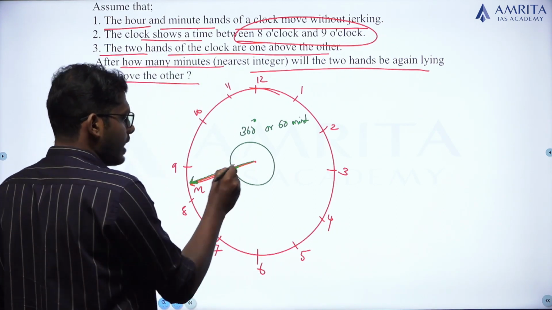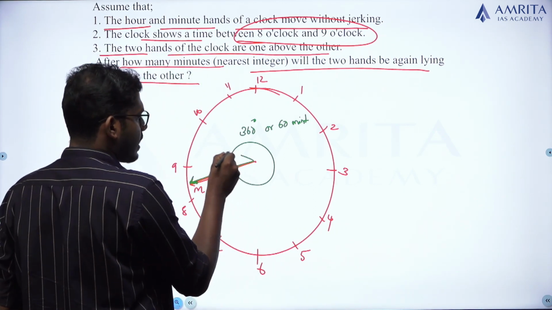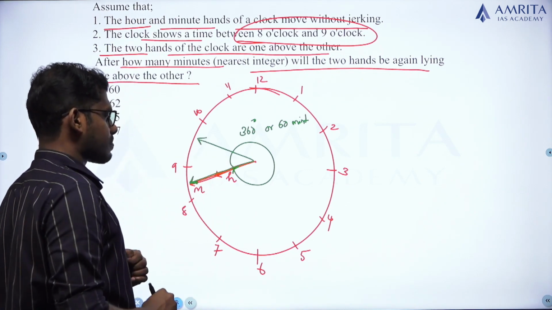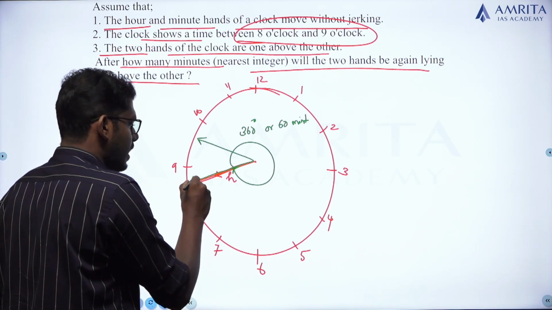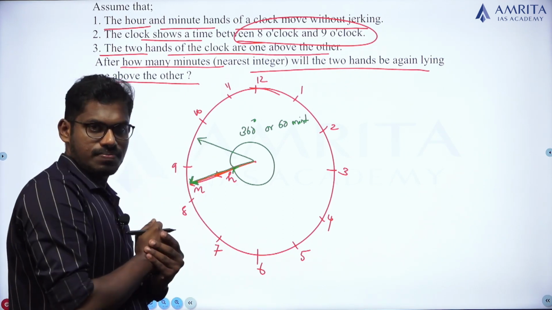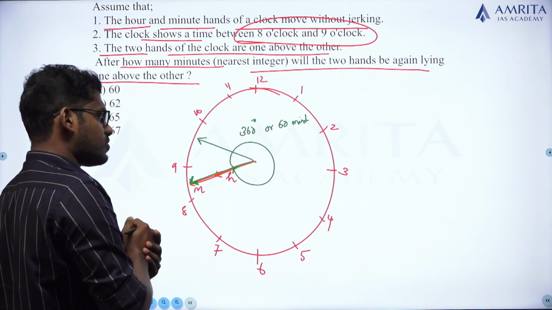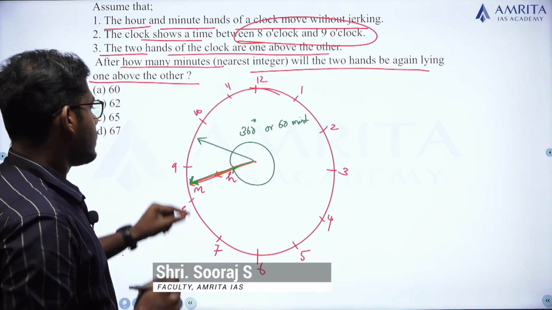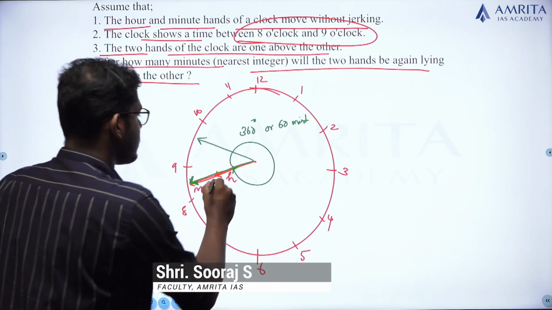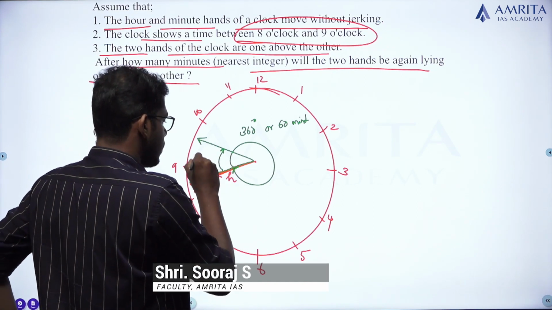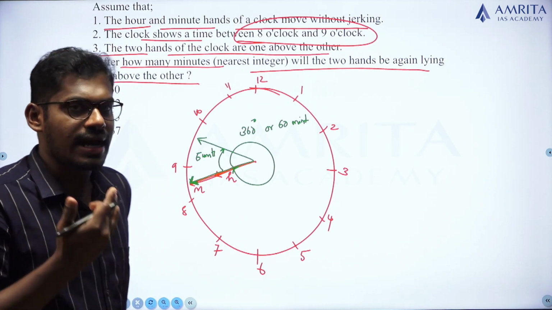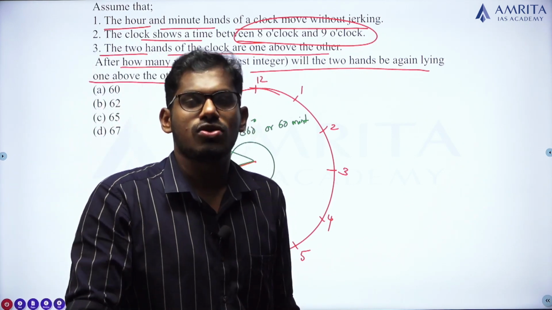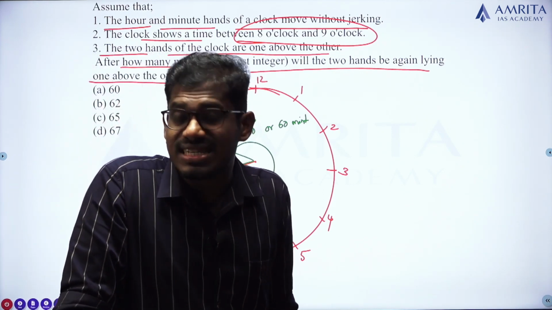1 hour indicates that the hour hand has moved 5 minutes here, the hour hand moved 5 units. Clear? So the hour hand has moved towards the right 5 units when the minute hand completes one complete revolution or 360 degrees, which means 60 minutes.